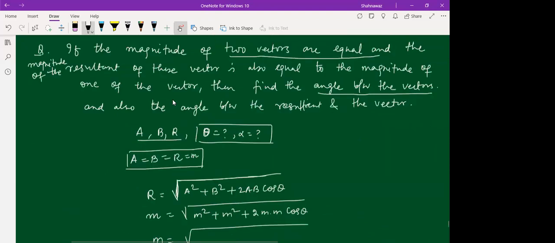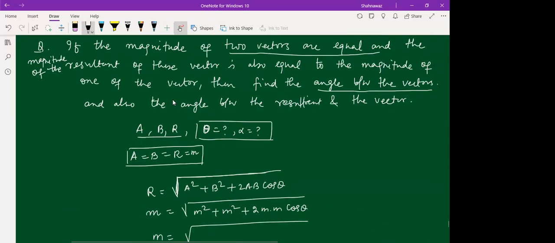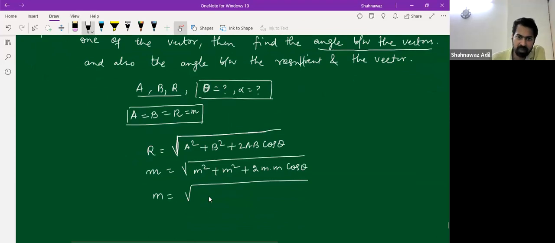So this is M square, M square, and then 2M square cos theta. Let us square both the sides.